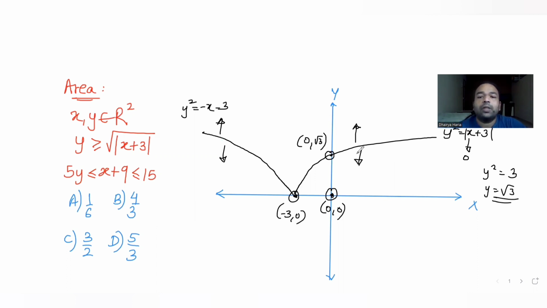Now we need to find out whether the region lies below the parabola or above the parabola. Let's find that out first. Then we will plot these equations of line also and understand the common region between the four curves. So first of all, I have the origin point here.